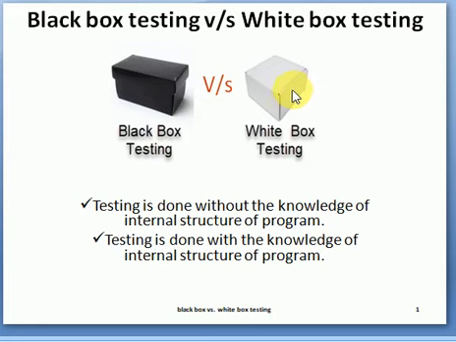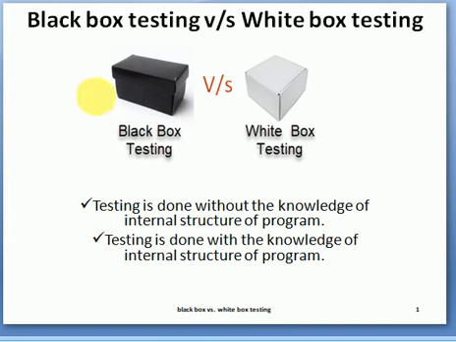White box testing method assumes that the path of the logic in a unit program is known, or you can say testing is done with the knowledge of internal structure of the program. This is the basic difference between the black box testing and white box testing.